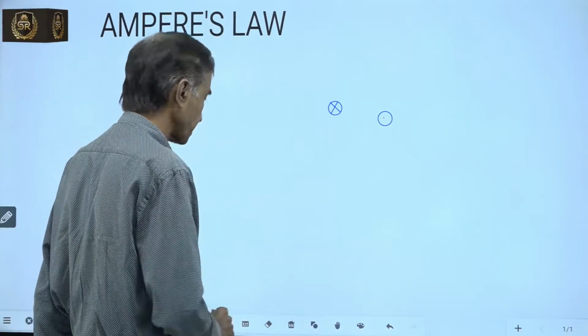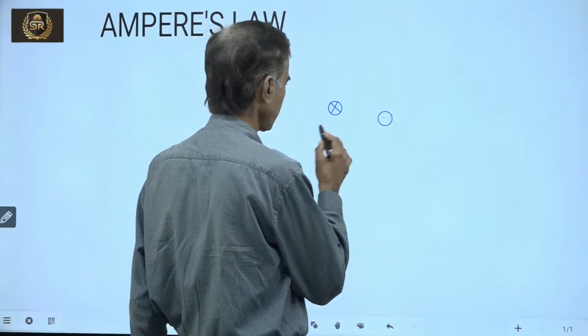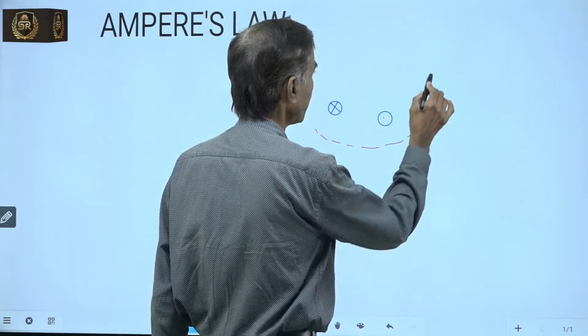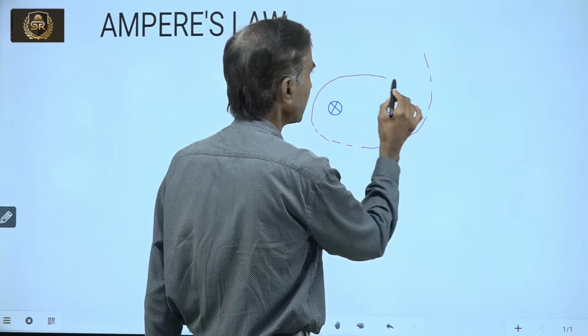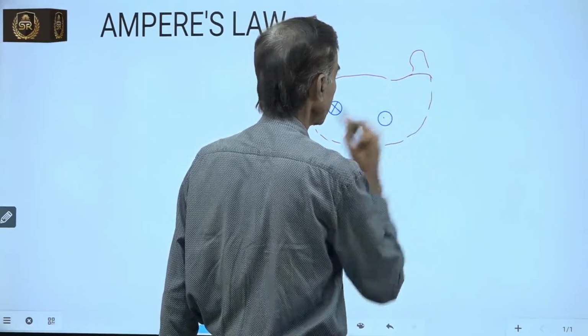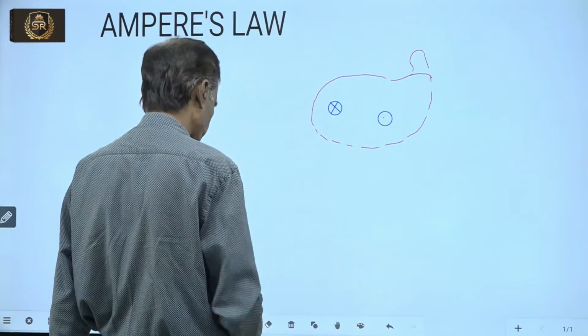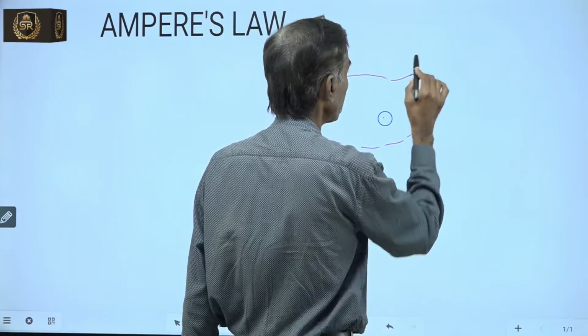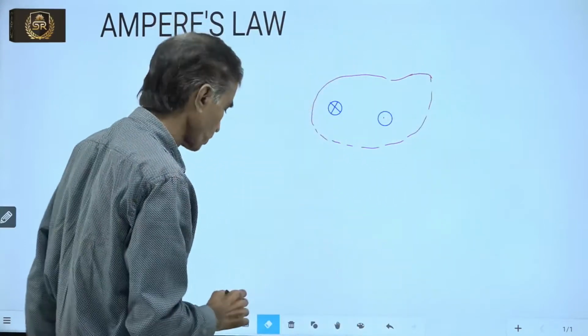I am taking the arbitrary shape like this. This is the shape of the loop.